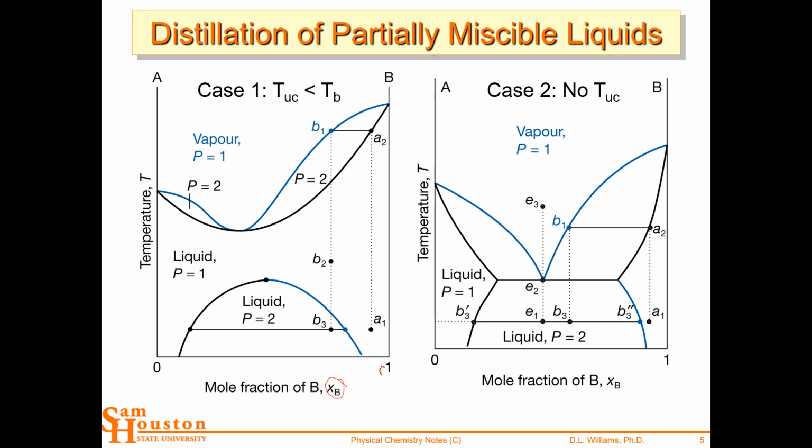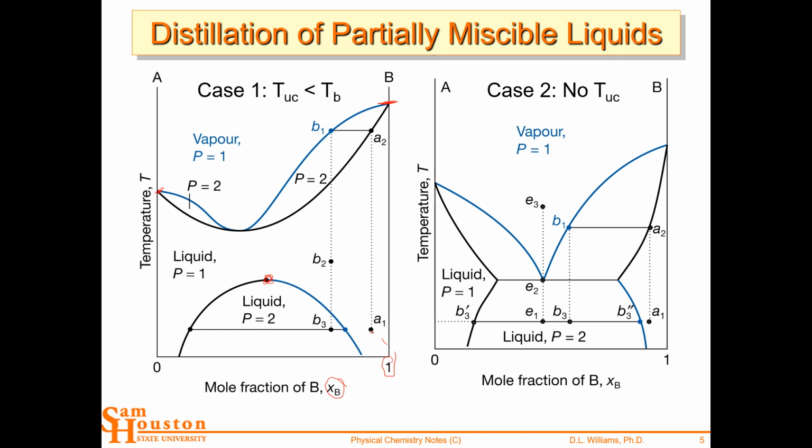This is pure B. This is the boiling point of B, at whatever pressure this is. This is for a given pressure. We could assume it's 1 atmosphere, but it might be a high pressure phase diagram, like that nicotine one. Okay. This is the boiling point of pure A. This is the upper consolute temperature. For the liquid, you have 2 phases down here.